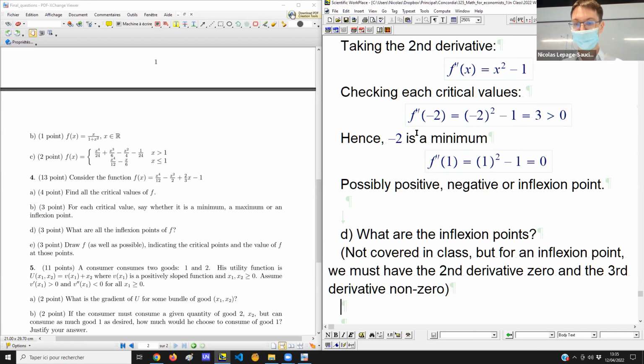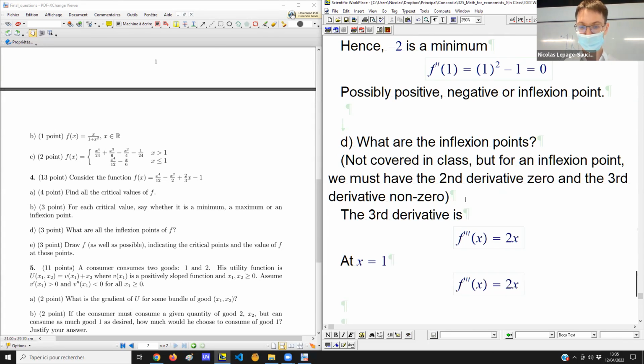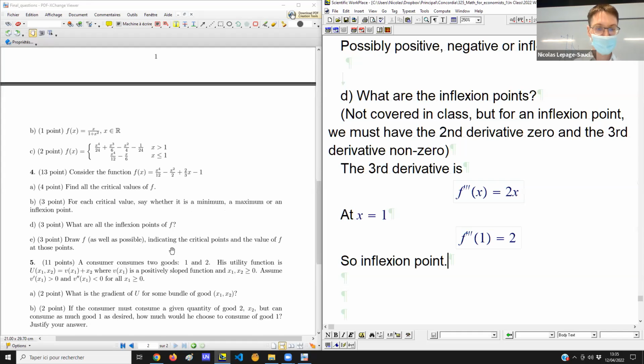So let's take the third derivative. Equals 2x, and at x equals 1, have that equal to 2. So inflection point. Then again, don't worry about this. I haven't covered that in class.